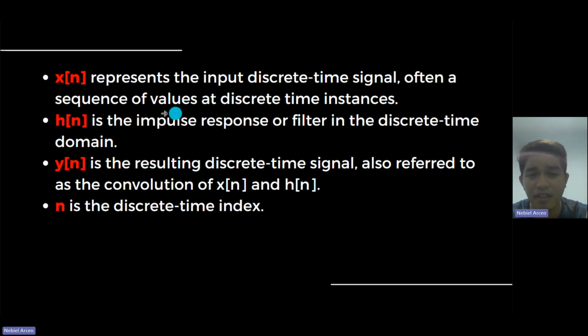It is often a sequence of values at discrete time instances. h of n is the impulse response or filter in the discrete time domain. y of n is the resulting discrete time signal. It is also referred to as the convolution of x of n and h of n. And n is the discrete time index.